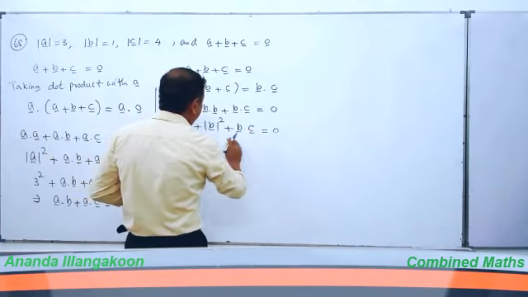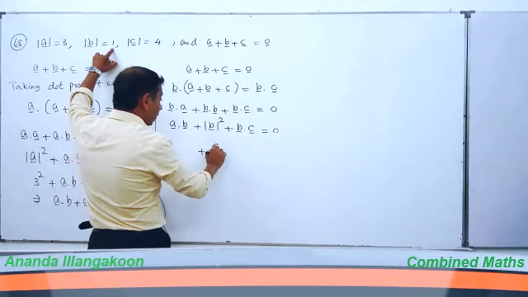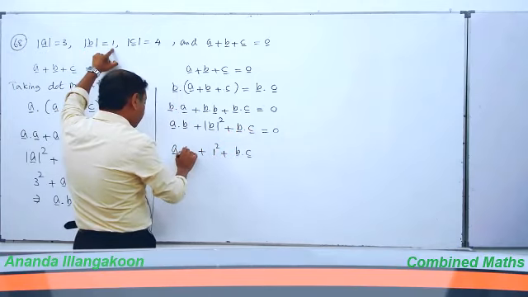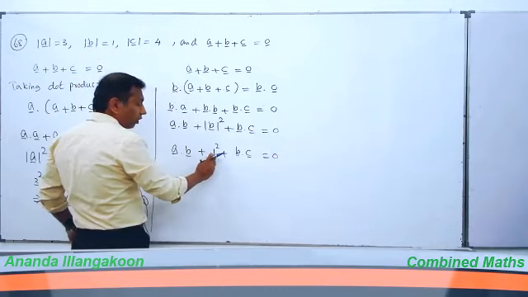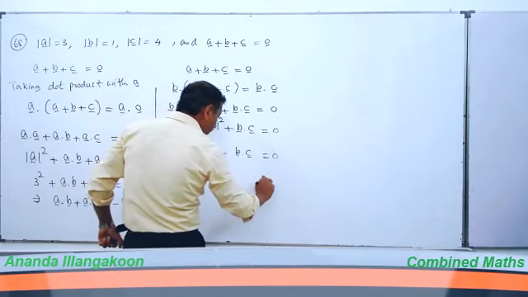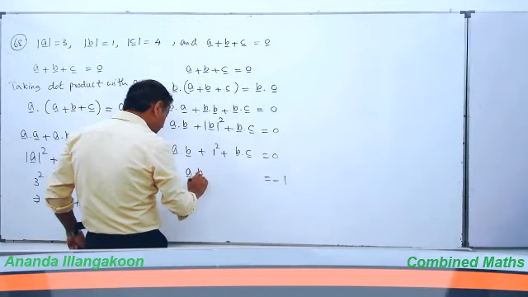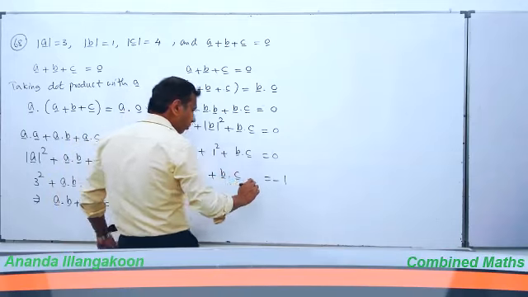Mod B is given as 1, so this is 1 squared, which is 1. Take that 1 to the right hand side, that will be minus 1. So A dot B plus B dot C is equal to minus 1. This is number 2.